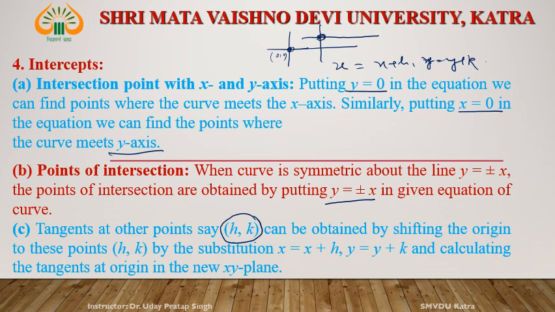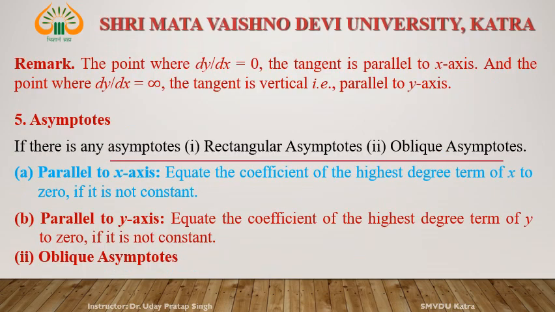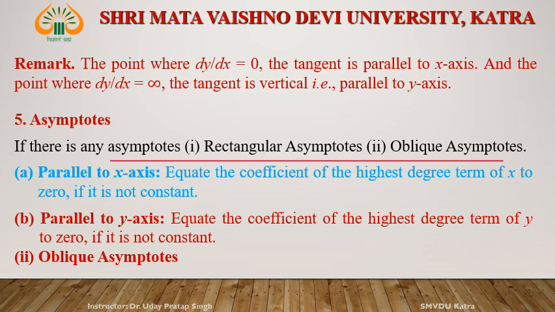After shifting, equating the lowest degree term to 0, we obtain the tangent at this point (h, k). Now see, if dy by dx is equal to 0 for any curve, then the tangent is parallel to x-axis. And if dy by dx is infinity, then the tangent is parallel to y-axis.